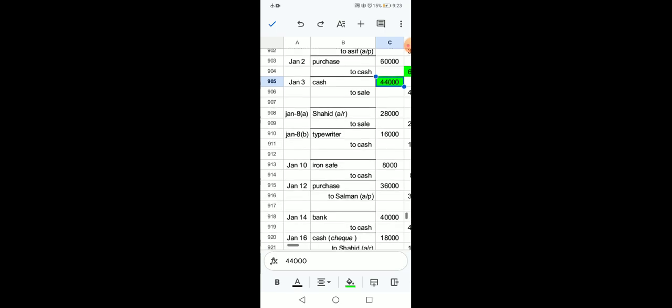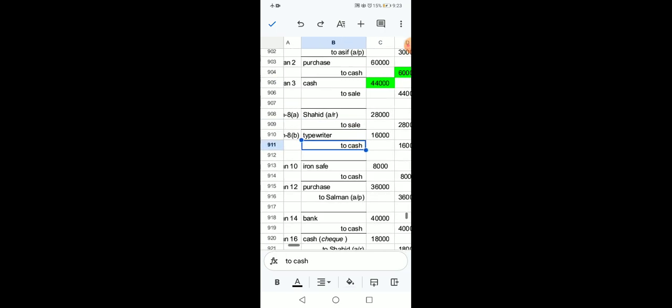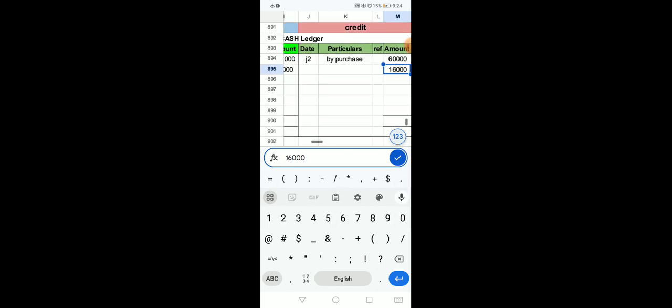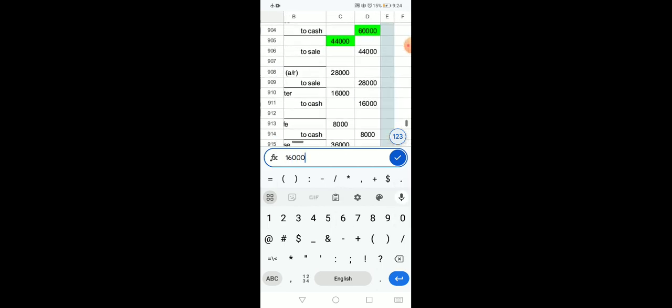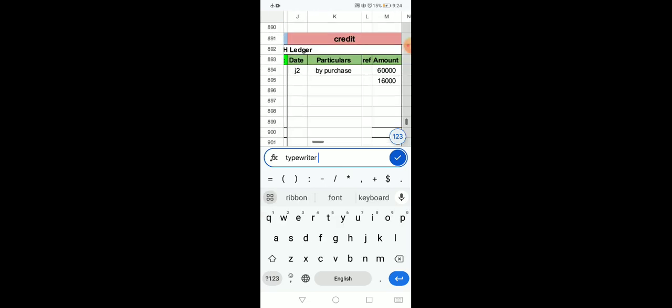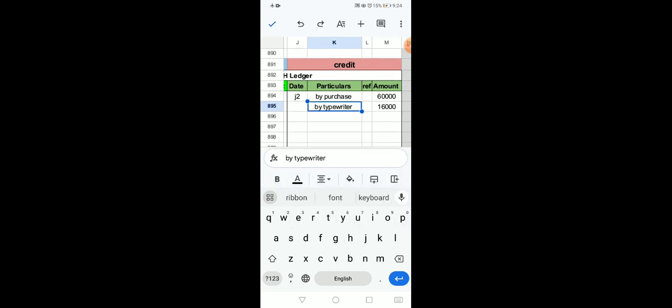Now for the next entry, cash is not present. In the next entry, yes, cash is present on the credit side by 16,000. So we will choose the credit side and write 16,000 over here. See what the reference of this 16,000 is. That is typewriter, you can see it. So we are going to write typewriter over here with an additional word of buy.